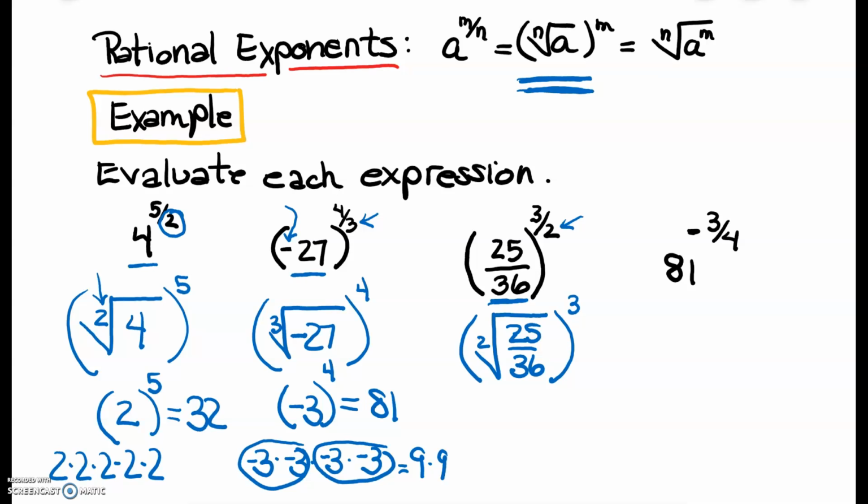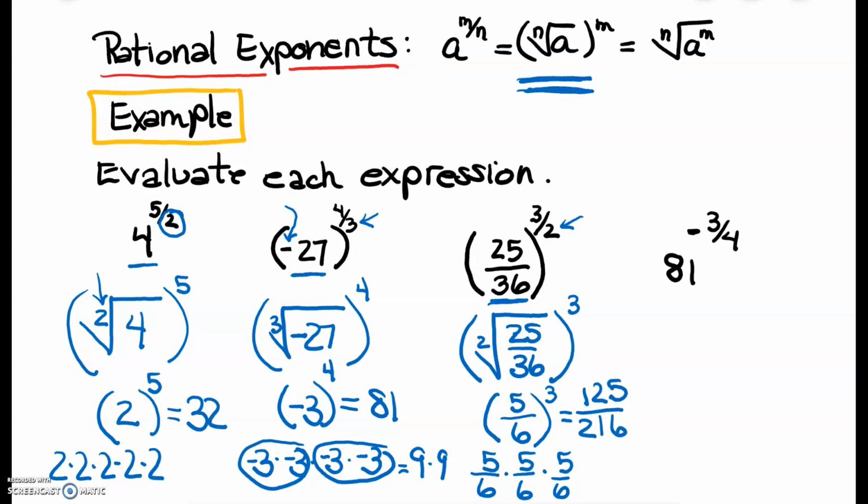So the square root of 25 is 5, and the square root of 36 is 6. But now I'm cubing that. So it's 5/6 times 5/6 times 5/6. And if I multiply all that out, I get 125 over 216.